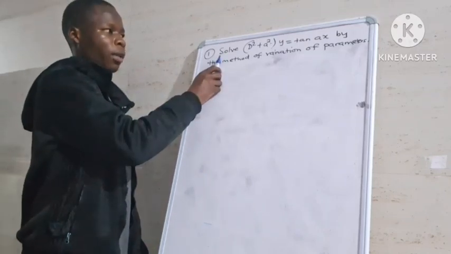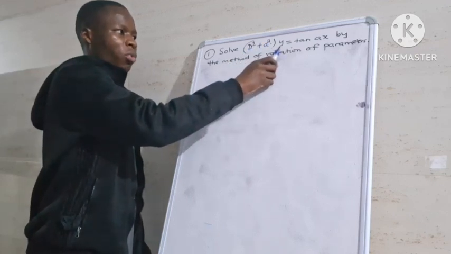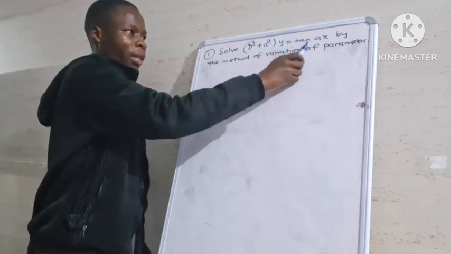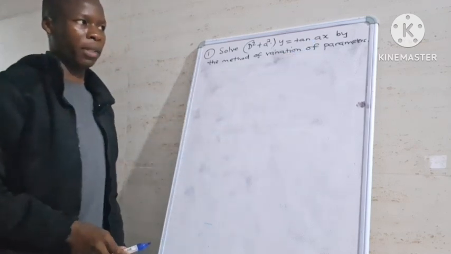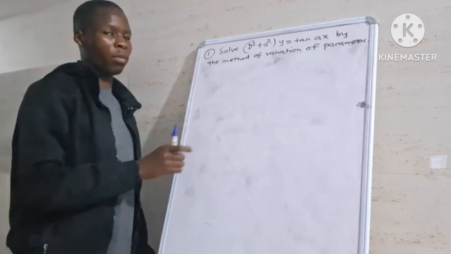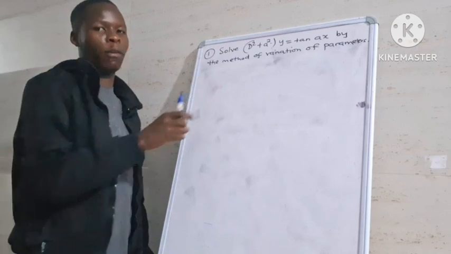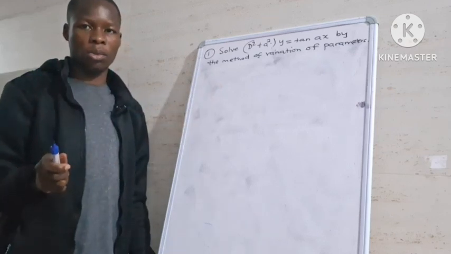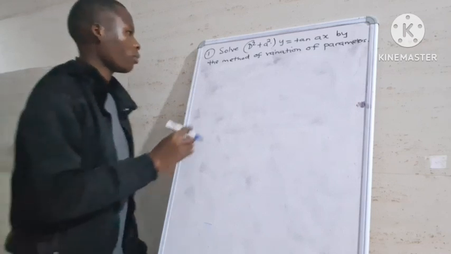Okay, question number 1. (D squared plus a squared) y is equal to tan ax, by the method of variation of parameters. If you want to solve a differential equation using the method of variation of parameters, you are supposed to find the complementary function first.